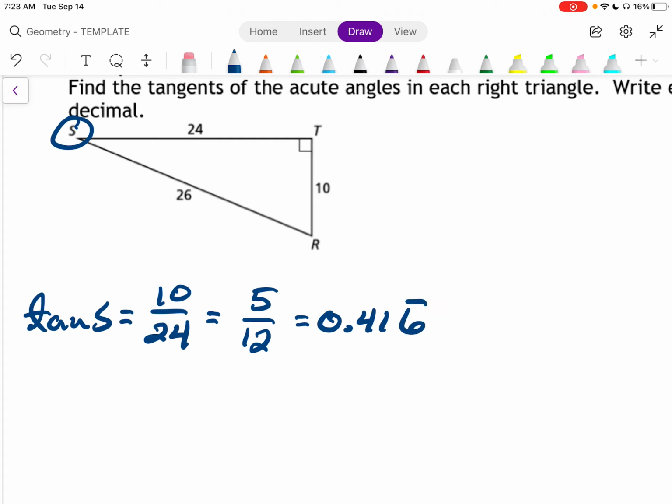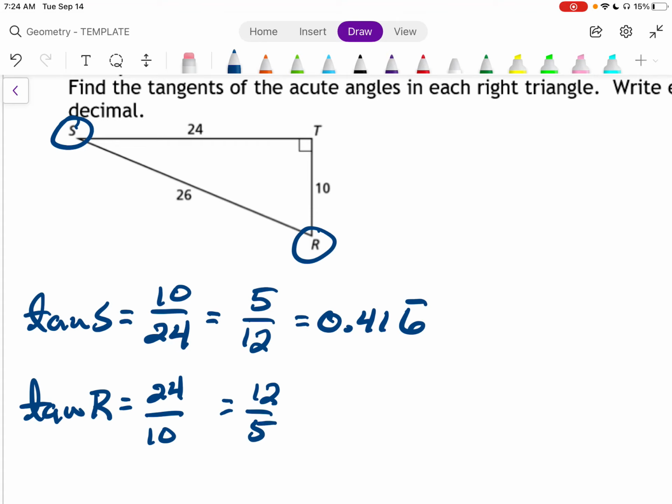Now we look at it from the other perspective of the R. So tangent of R is opposite 12 over adjacent 10, which is, excuse me, I didn't write that correctly, 24 over 10, which is 12 over 5.